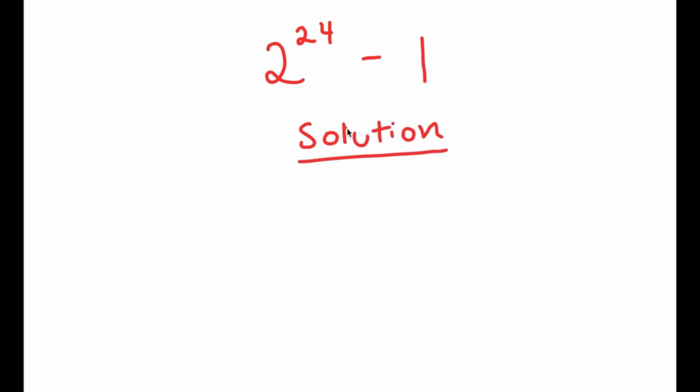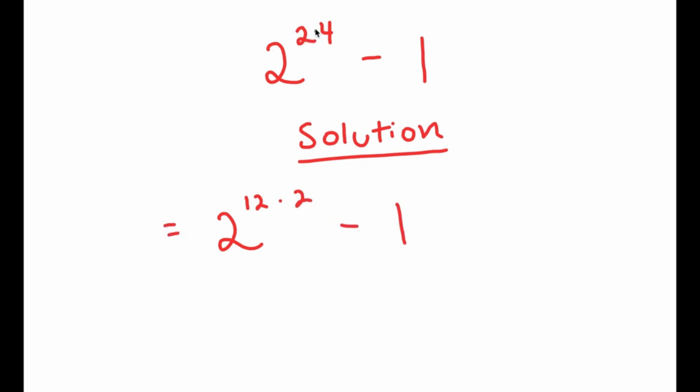Alright, so in this video, I'm going to be solving the problem 2 to the power of 24 minus 1. So for my solution, what I'm first going to do is rewrite this as 2 to the power of 12 times 2 minus 1.